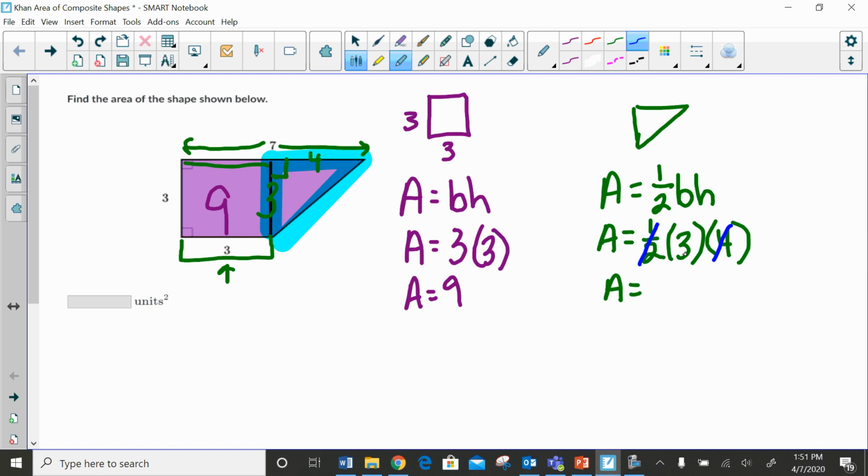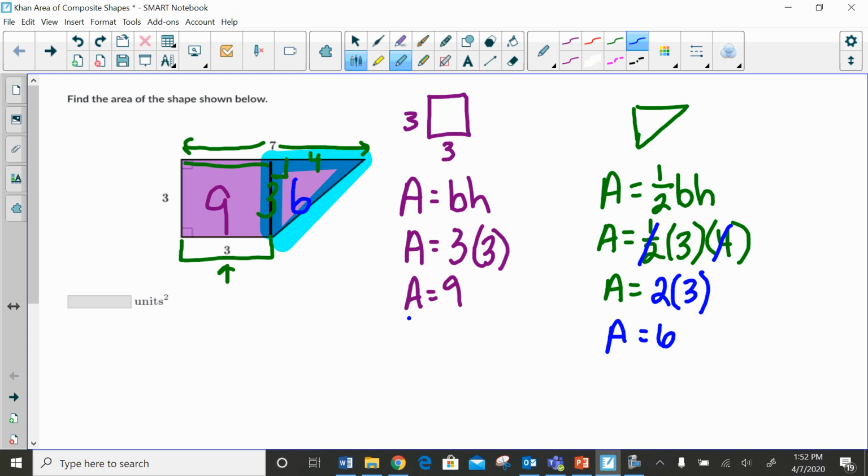I don't want to take half of 3, that's an odd number. I'm going to take half of 4 because that's even. So what's half of 4? That is correct. That's 2 times, I still have to use this 3. So the area of our triangle is going to be 6 units squared. So I'm going to put a big 6 right in here.